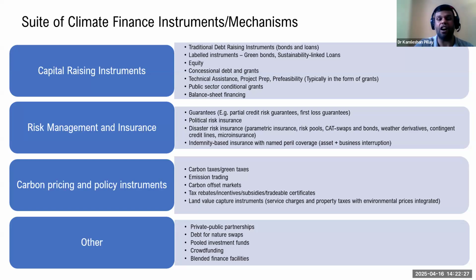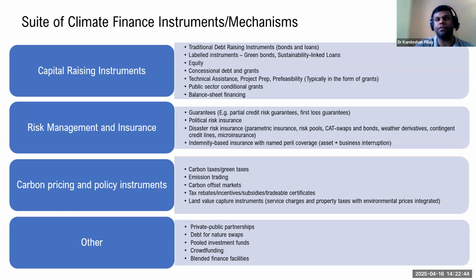You have carbon offset markets, which is the generation of carbon credits linked to some projects that have been implemented that have some kind of additionality component. And then you have things like traditional tax rebates, incentives.